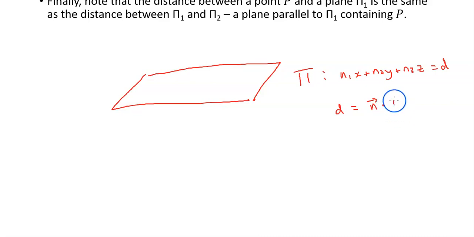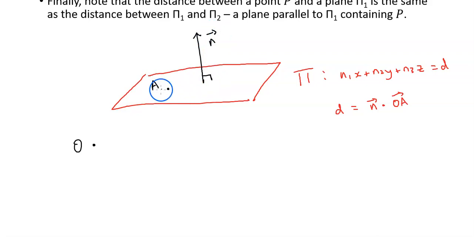Let's say OA. So there we should add in an origin, and then A is some point in the plane, and n is our normal vector that sticks straight out of the plane.